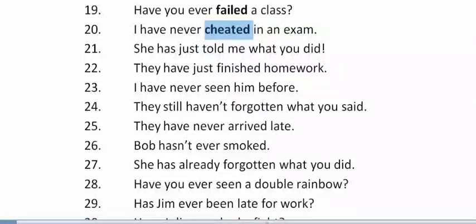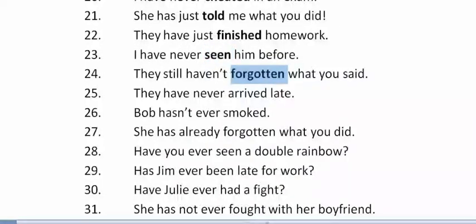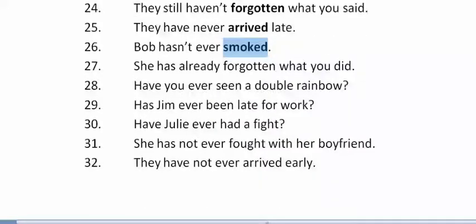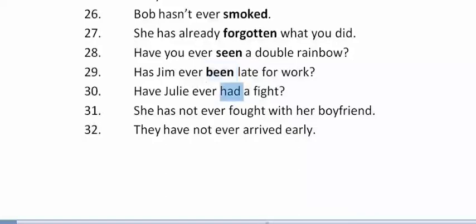She has just told me. Just is introduced in between has and the verb. That's fine. Finished, seen, forgotten, arrived, smoked. Not ever is introduced. That's completely allowed. Forgotten, seen, been, had is used as a verb here.